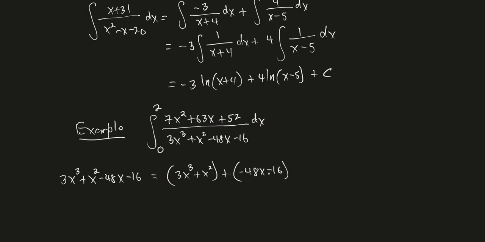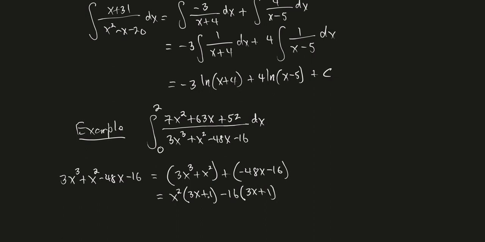And then you look to take out a greatest common factor. Well, out of the first pair, I can factor out an x squared. And then that leaves me with 3x plus 1. And then out of the second pair, I can factor out a negative 16. And then that leaves, again, a 3x plus 1.